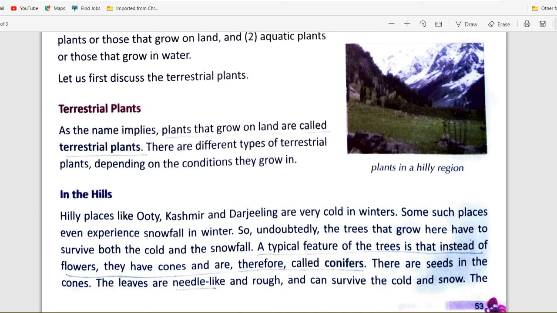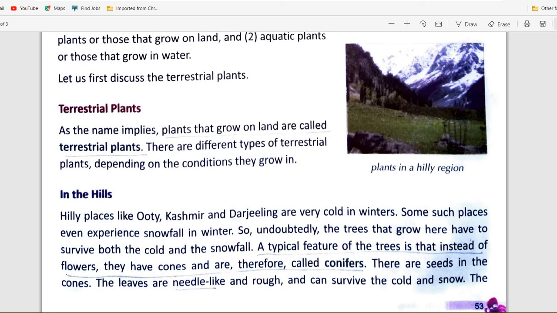Means they do not have flowers, only cones are found in hilly areas, and the seeds are also found in these cones, and therefore these plants are called conifers, because they have cones and they do not have flowers.